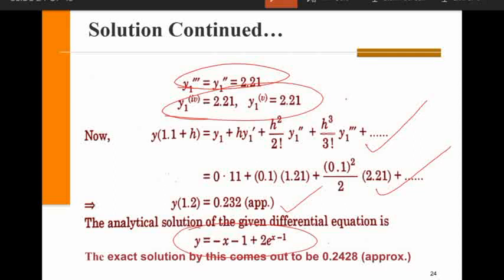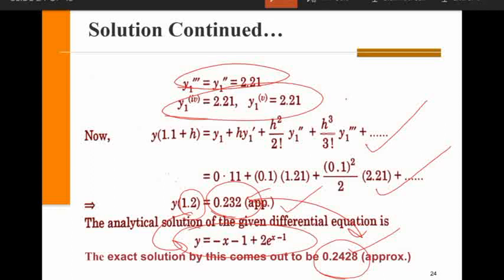If you just substitute the value x equal to 1.2 here, you will get the result 0.2428. Now just see, this is your accurate, exact result and this is your calculated result. So you can find the error also by taking the difference between them, right?